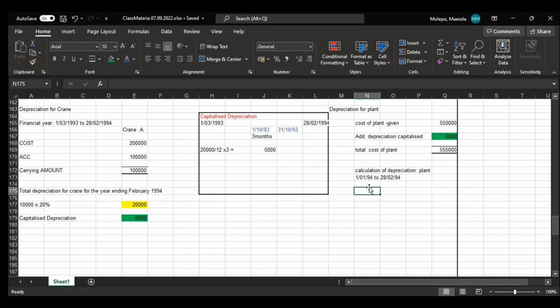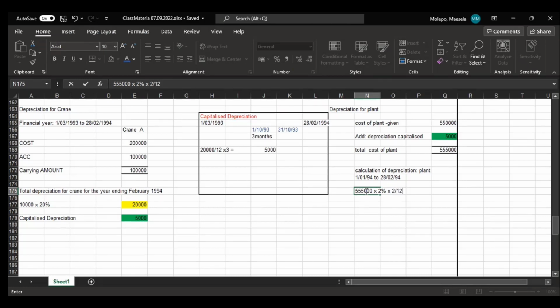Then we say the 555,000 multiplied by 2% depreciation, which is on the straight line, then multiplied by 2 divided by 12, because it is used for 2 months.